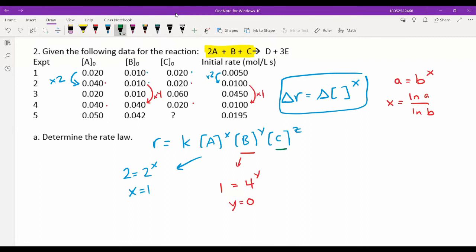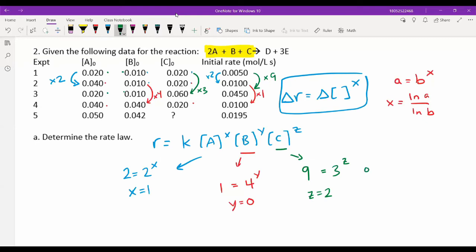So C, we want only C to change, which looks like 1 and 3. So A is the same, B is the same, C is changing by a factor of 3, and if we divide rate 3 by rate 1, we get a factor of 9. So we have 9 for the rate, 3 for the concentration of C. That's a second order relationship here. 3 squared is 9. One thing I should point out as well is that it doesn't really matter which one you divide.